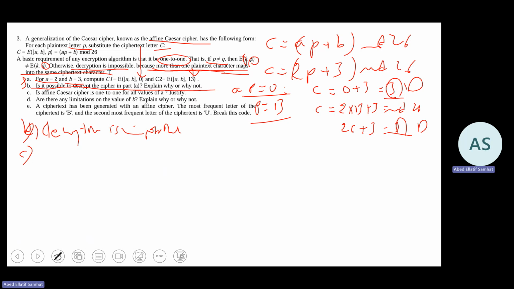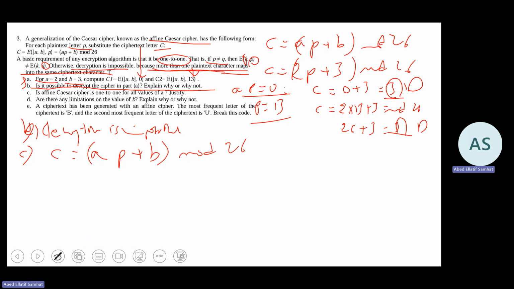This is a general question. We say that C equals AP plus B mod 26. For which value of A is it generally a one-to-one relationship?